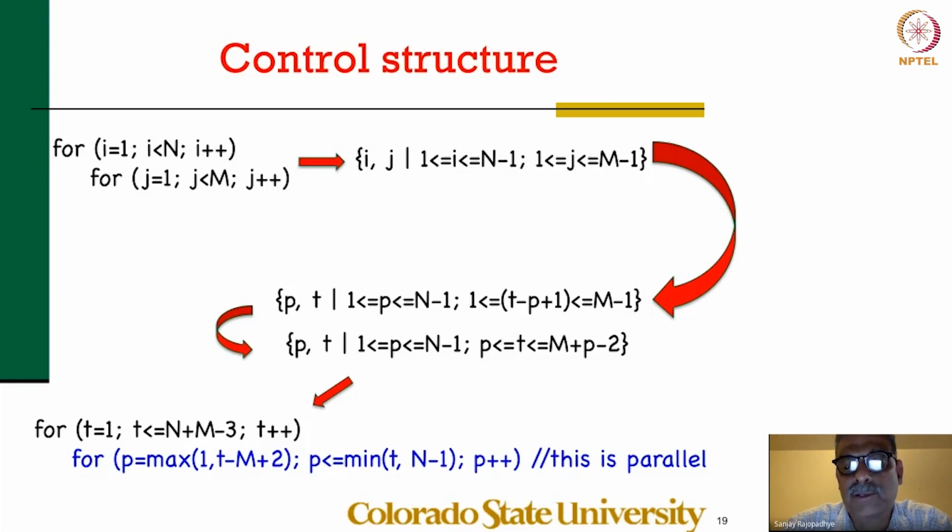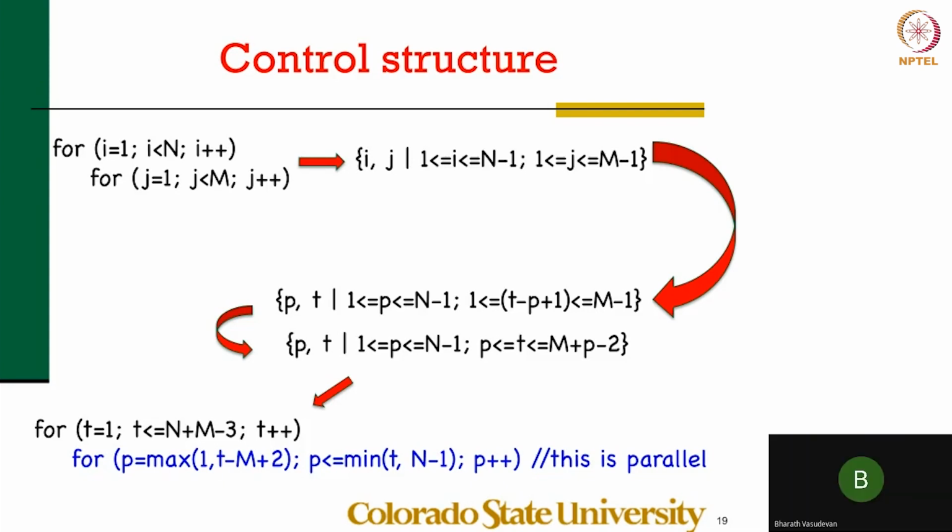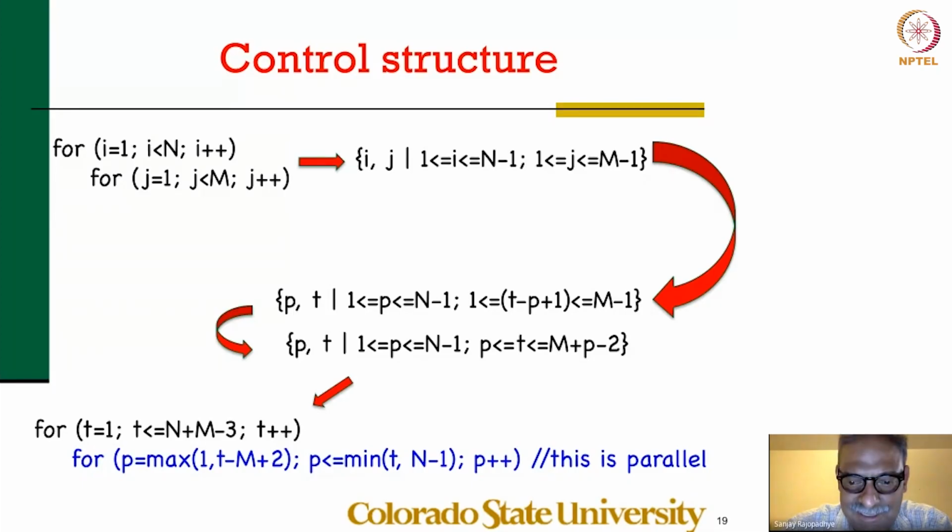What about the next constraint? P less than or equal to T. Does that give you an upper bound or a lower bound on P? Any volunteers? P less than or equal to T. On the other side of the inequality, you have some expression.